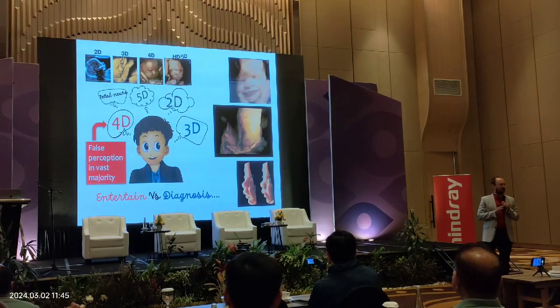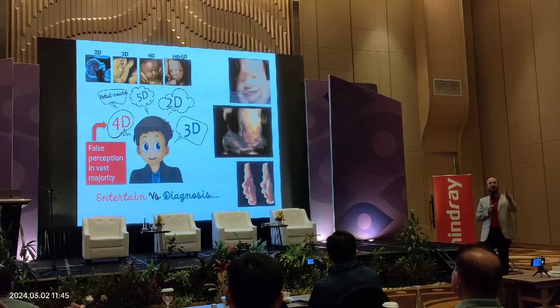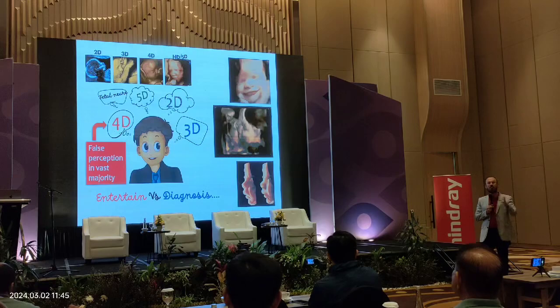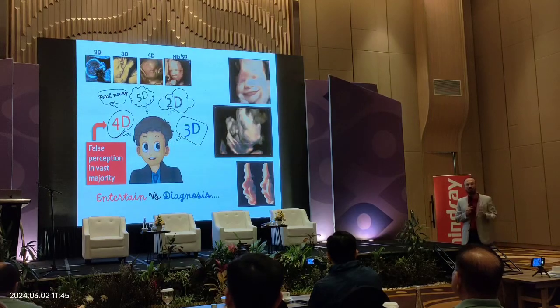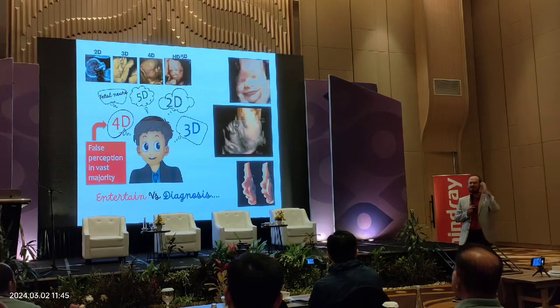For fetal echocardiography, when we want to see the three-dimensional space X, Y, and Z with the motion of the heart, we need to use 4D. But the brain is static. The brain doesn't move; the heart moves.